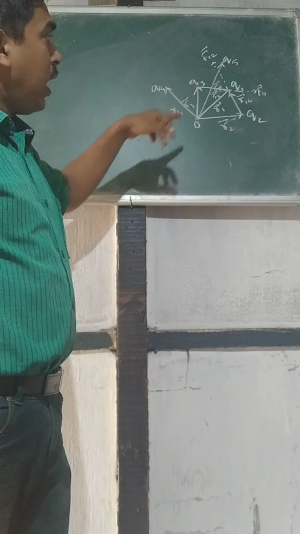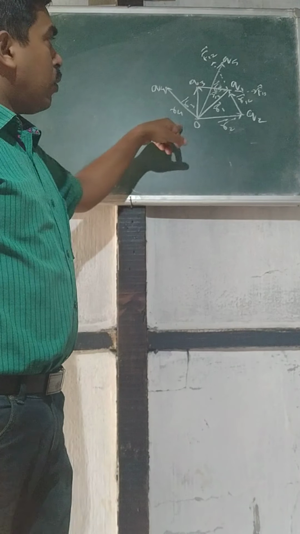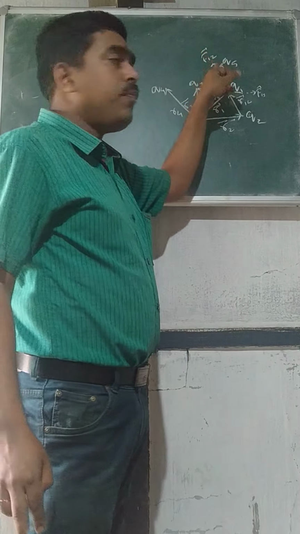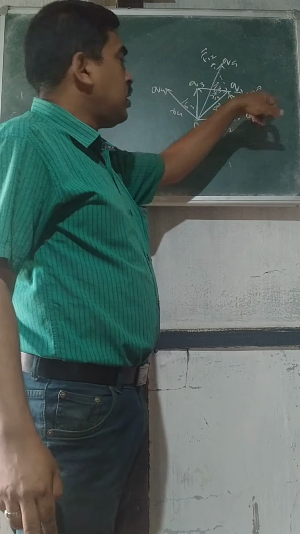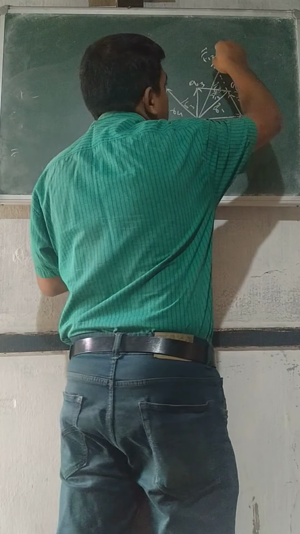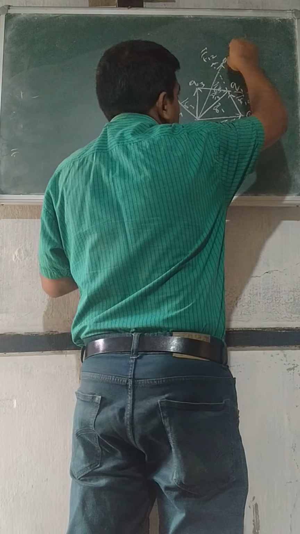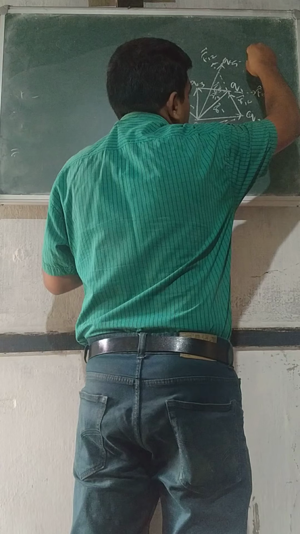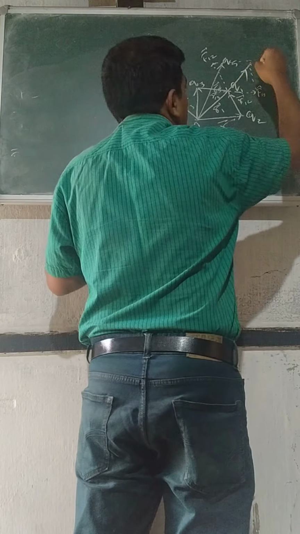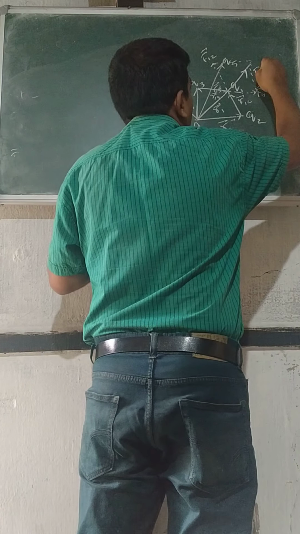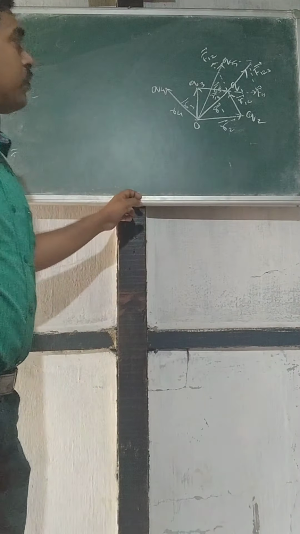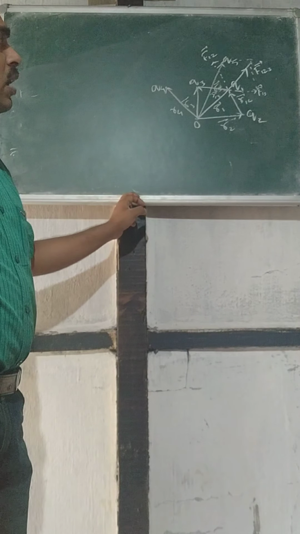We have just extended the diagram: Q1 and Q2 we extend upward, and Q1 and Q3 we extend this side. So the resultant of F12 and F13 is given by this, F123. This is the resultant force of the first three.